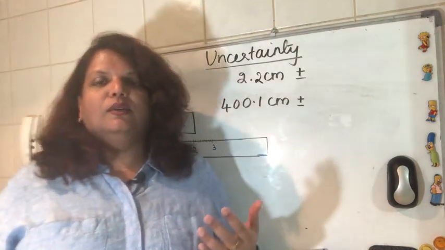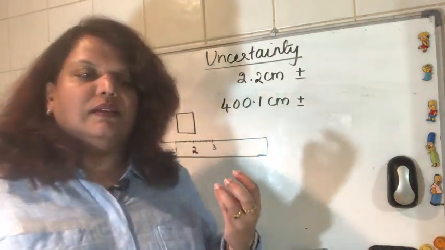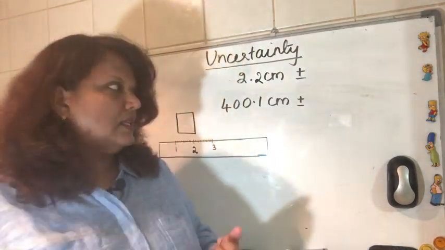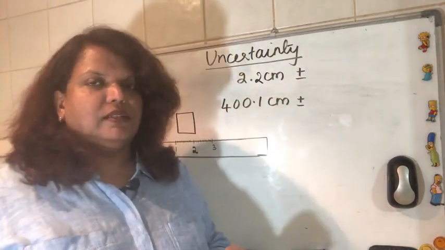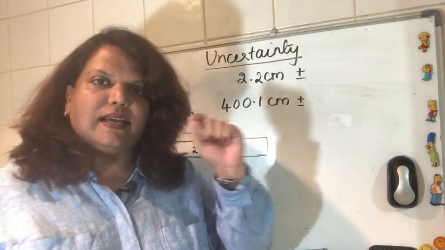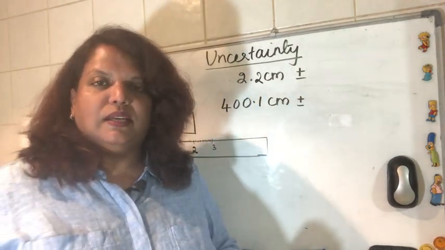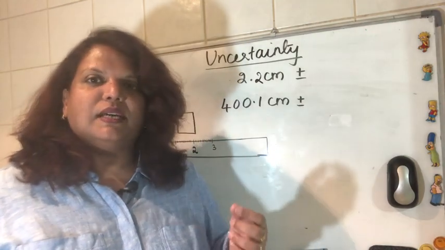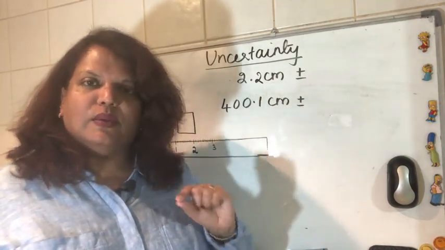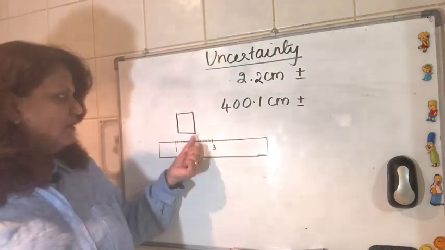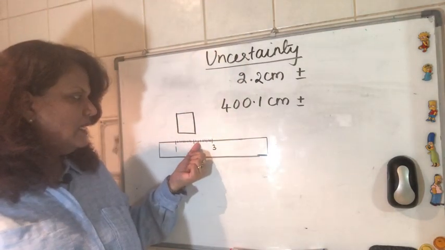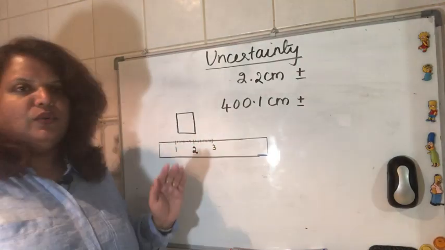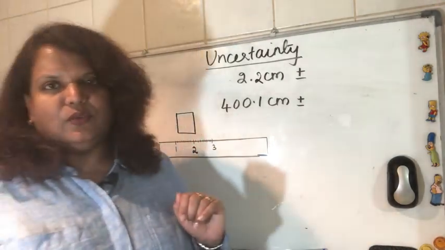Now let's see how the readings are affecting your result. In this 2.2 centimeters, will you be sure that it is exactly 2.2 centimeters? Can you vouch for that? No, right? Sometimes it may not exactly coincide with 2.2, as I've tried to draw it here. Probably the reading is slightly more than 2.2 or less than 2.2 and so on.